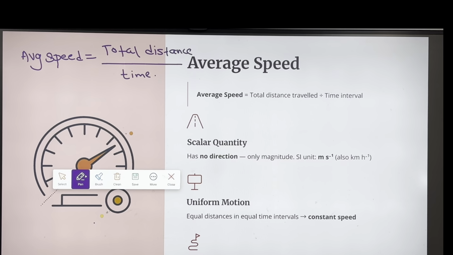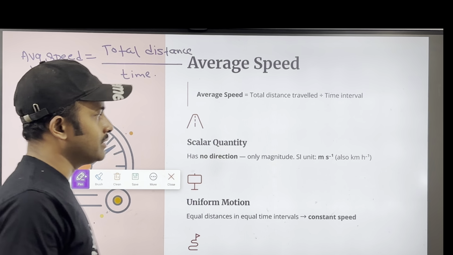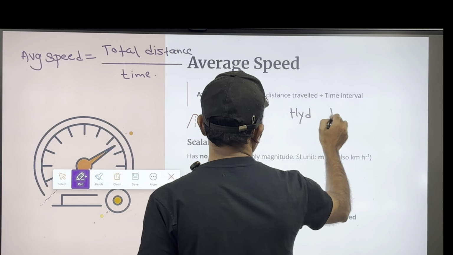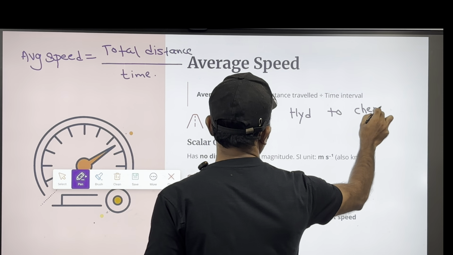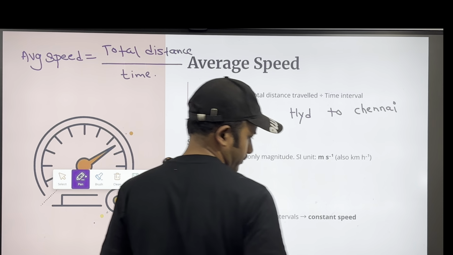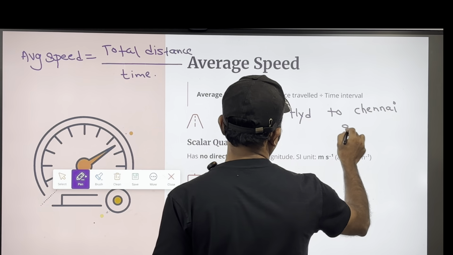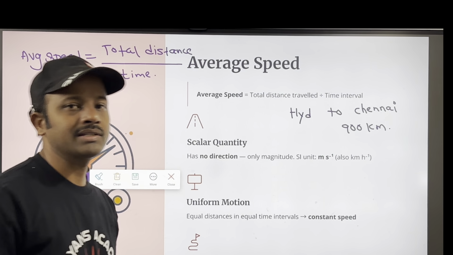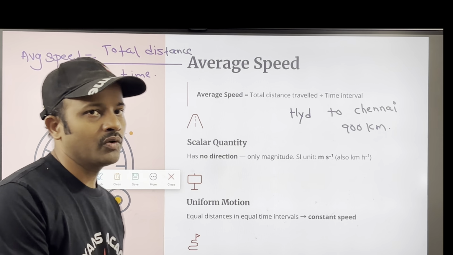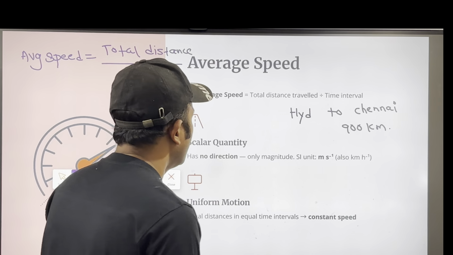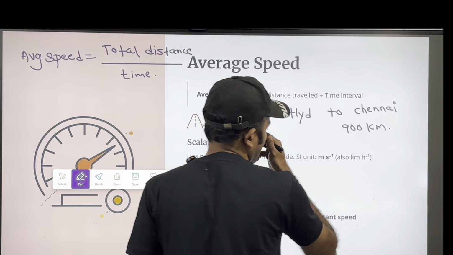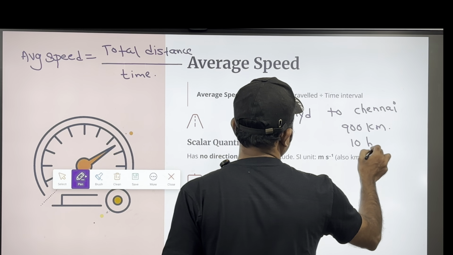Let us say the gap between Hyderabad to Chennai is around 900 kilometers. We are moving by car. To complete this journey, let us say you are taking 10 hours.